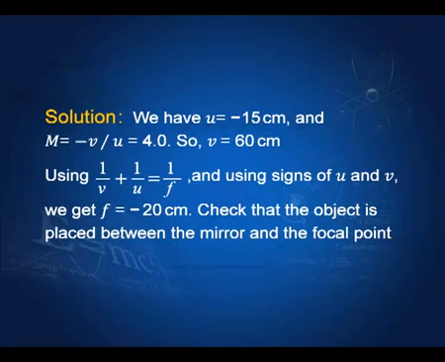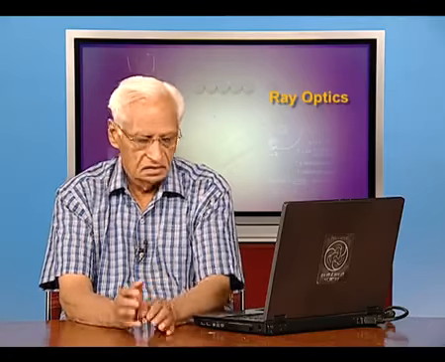So, from this equation we can find v equal to 60 centimeters. So, we have now v and we have now u. So, we use the mirror formula 1 by v plus 1 by u is equal to 1 by f and get f, and f turns out to be minus 20 centimeters. Again correct, because the focal length of a concave mirror is negative according to our convention.